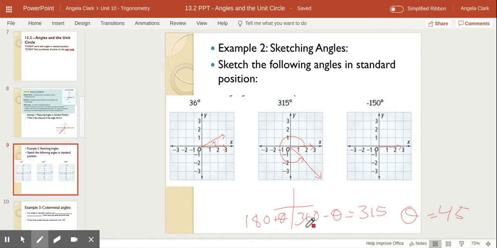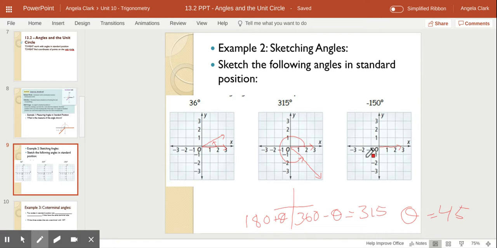So these are basically for positive angles. If you have negative angles, you can find the positive version and then use these, or you can just logic it out, right? I know this is negative 180. I want negative 150. So what's the distance between those?